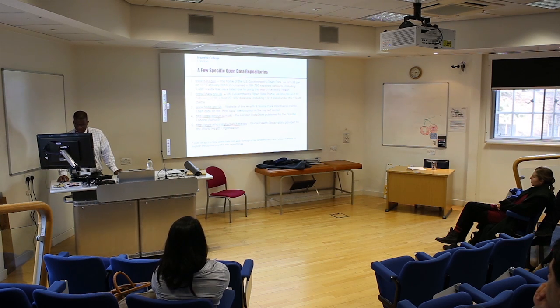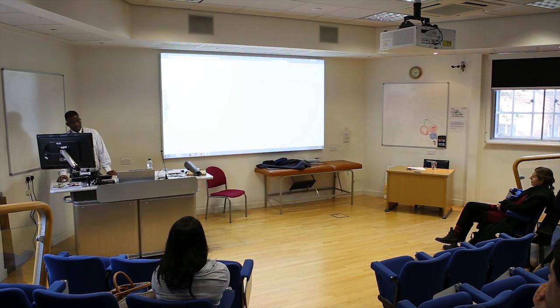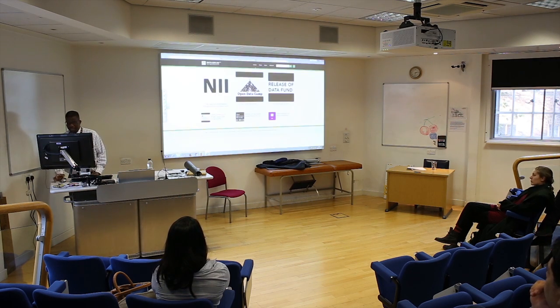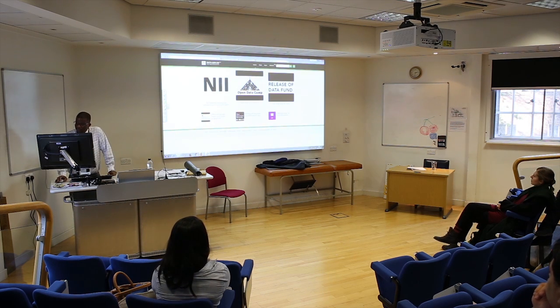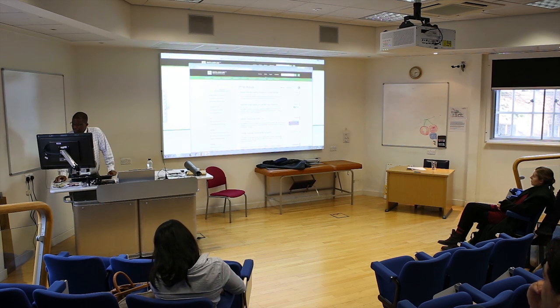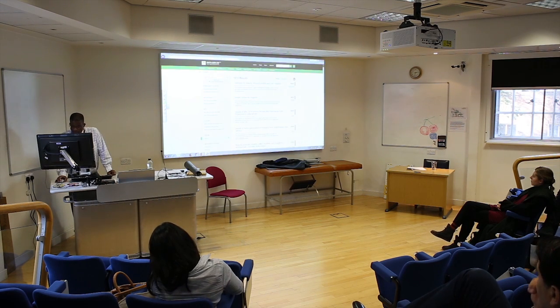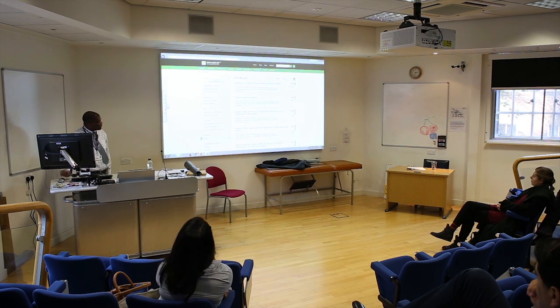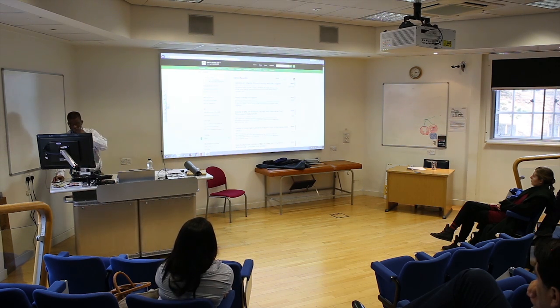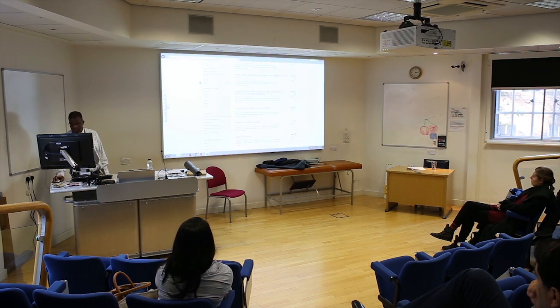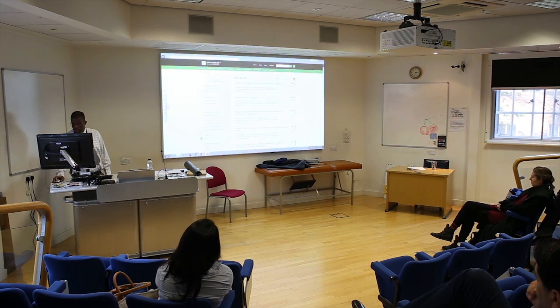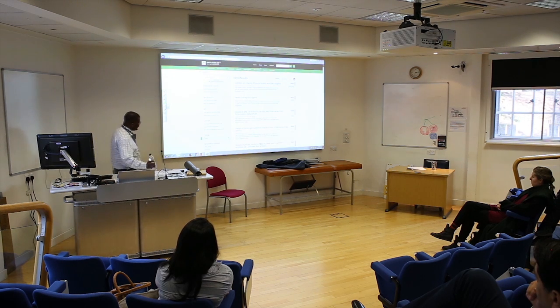So if we take a look at data.gov.uk, the UK government open data portal, and look at the health theme, this gives us details on a wide range of healthcare statistics and data sets.